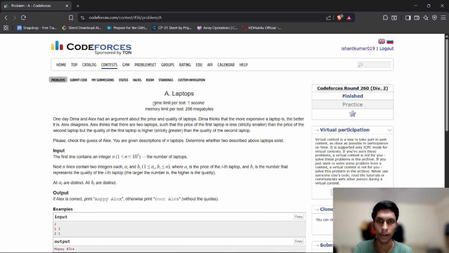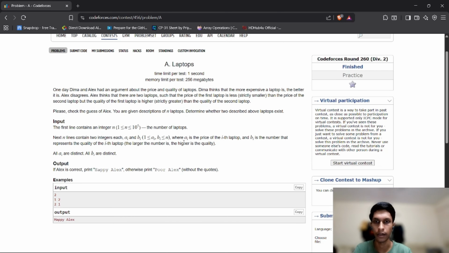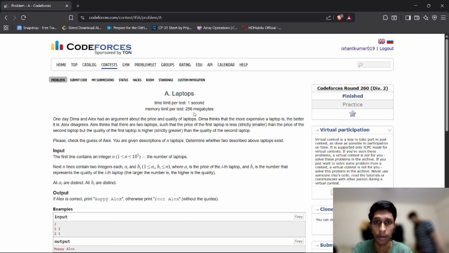The time limit is 1 second, which is something to be noted because we are handling arrays, and handling time will be a bit complex, so we have to think about it. And for space, 256 MB is given.